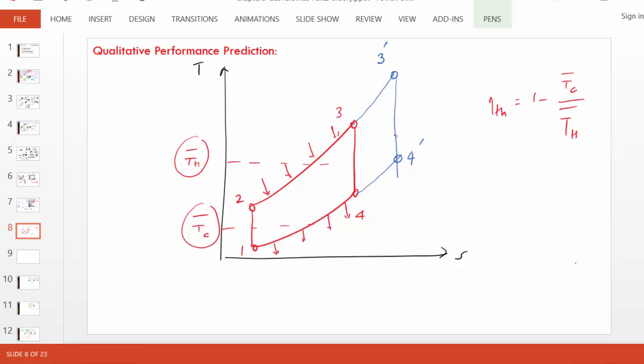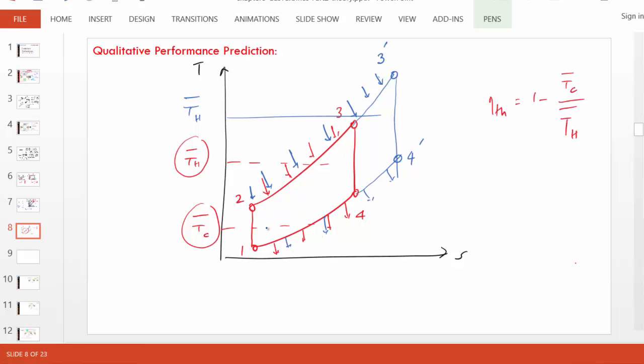So how does that affect the efficiency? We realize the new cycle, when the temperature increases from 2 to 3 prime, is our heat addition. So the effective temperature of heat addition is raised to Th bar. But look, what happened to the effective temperature of heat rejection?